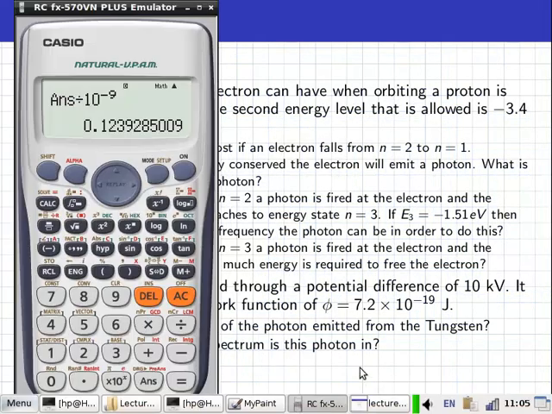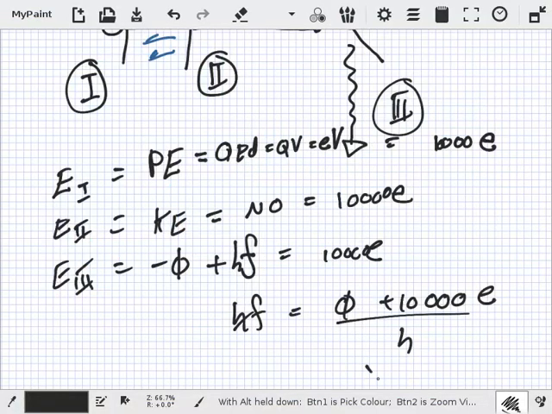What part of the spectrum is this in? I'd say it's X-ray. Microwaves, all light, all these things, they're all going to be more than 1 nanometer. Less than a nanometer is very, very small.